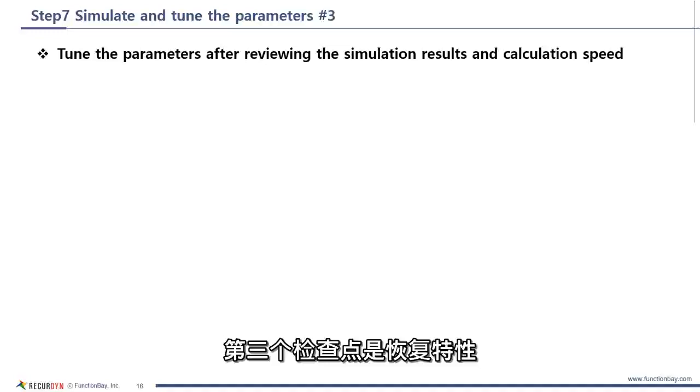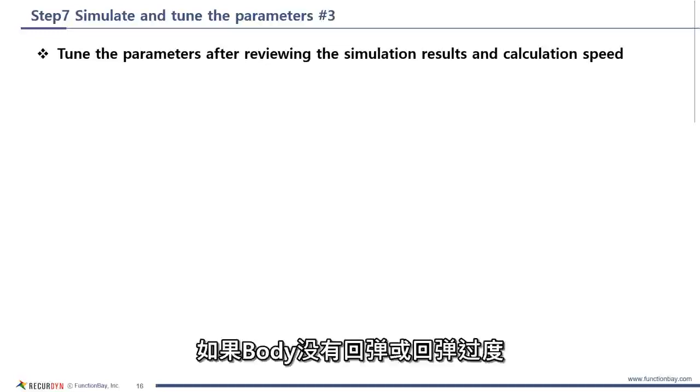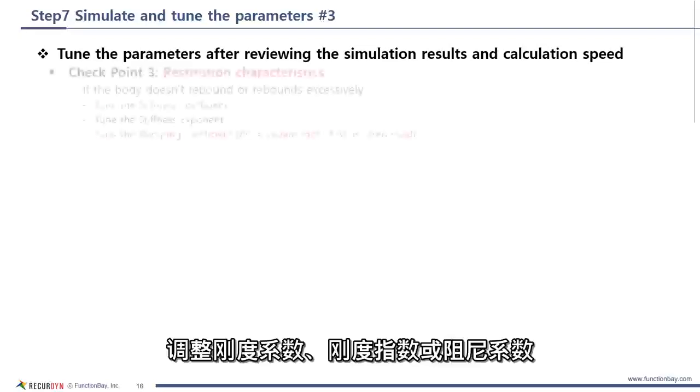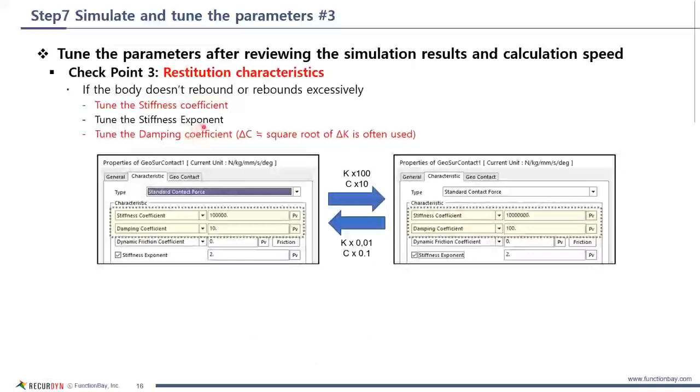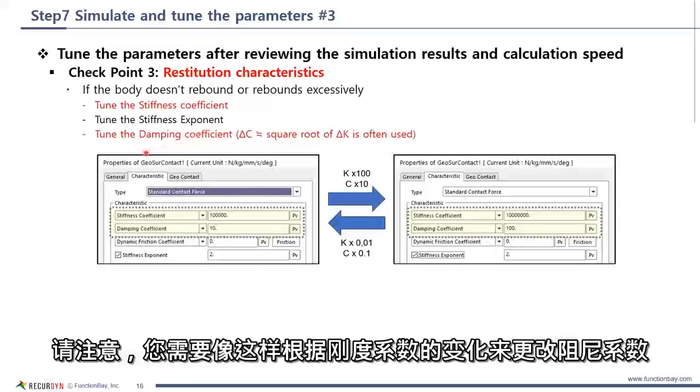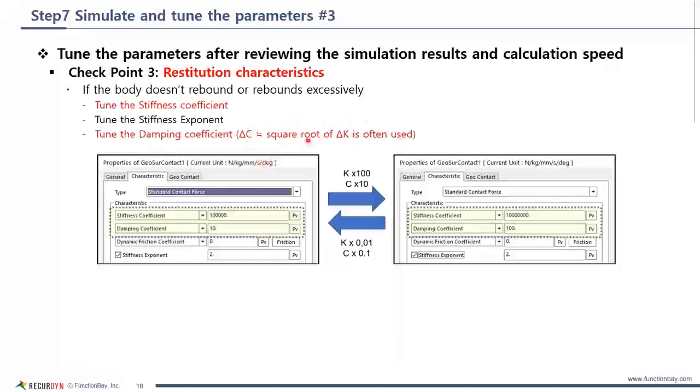Third checkpoint is restitution characteristics. If the body doesn't rebound or rebounds excessively, adjust the stiffness coefficient, the stiffness exponent, or the damping coefficient. Please note that you need to change the damping coefficient according to the change of the stiffness coefficient like this.